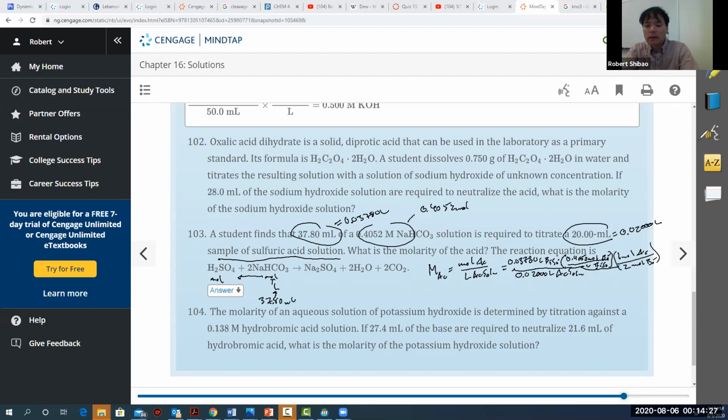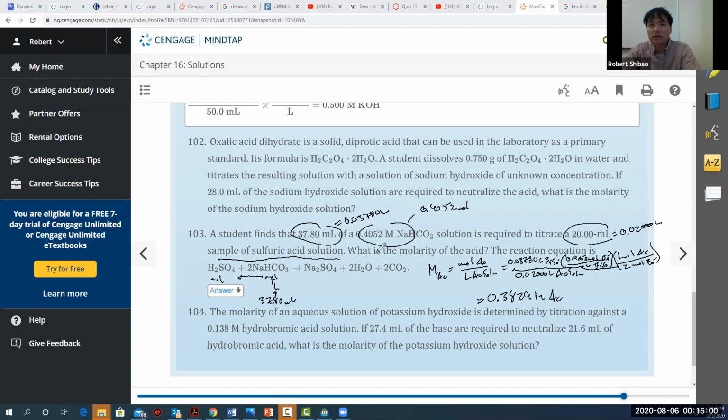That's going to be 0.0378 liters times 0.4052 moles per liter divided by 2. That gives us moles of acid, divided by 0.02. So I get 0.3829 molar sulfuric acid.